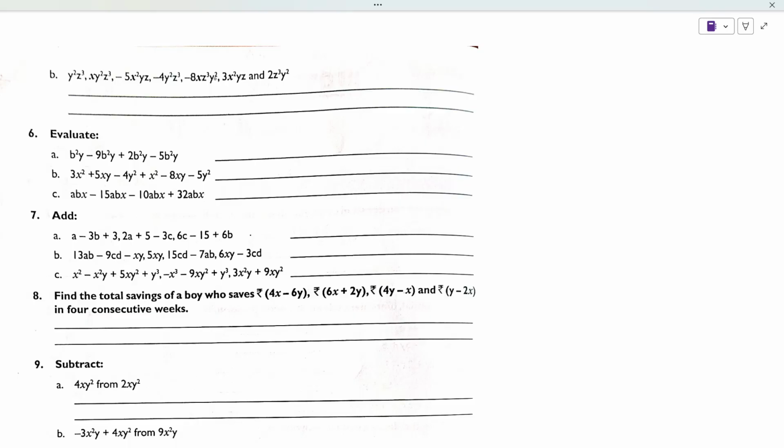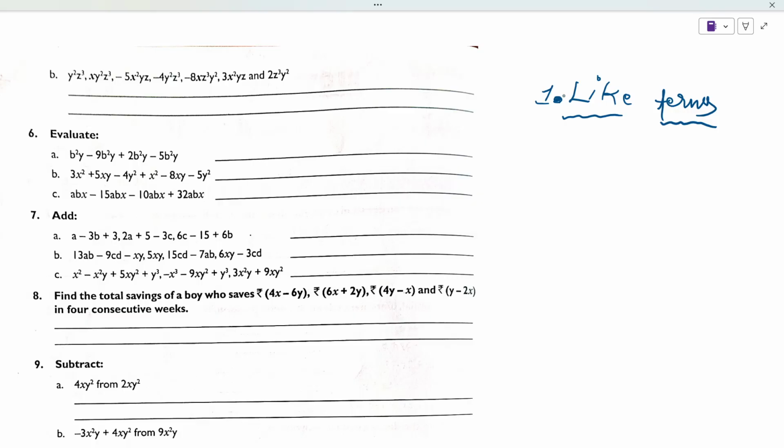The first thing we should check is whether the things we have to add or subtract are like terms or not. That is why like terms and unlike terms were introduced before this, because only the things which are the same can be added or subtracted.